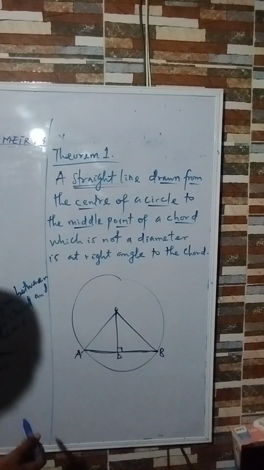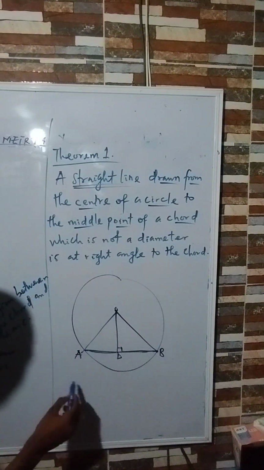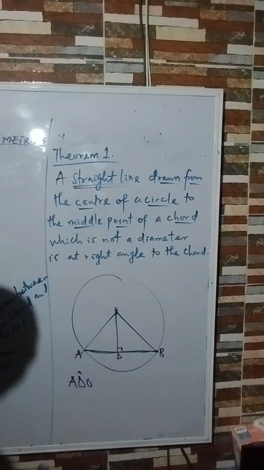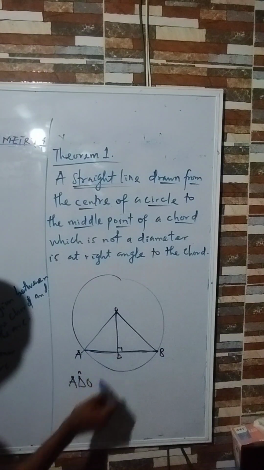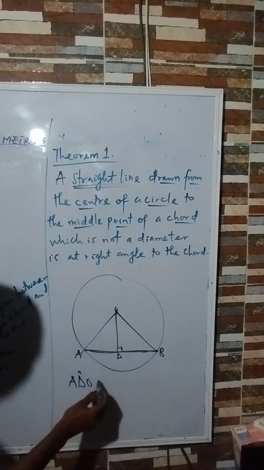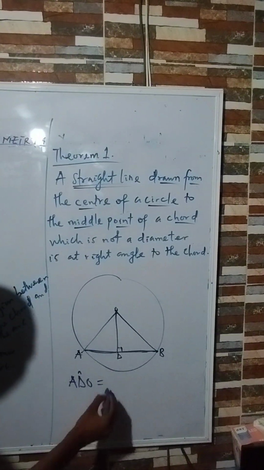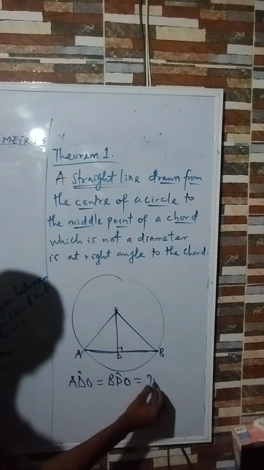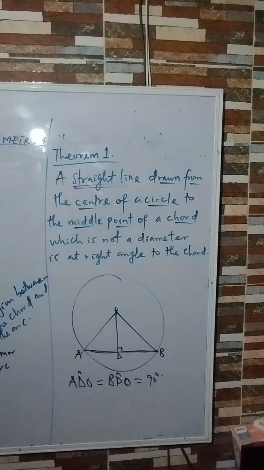That is to say that we can as well show that our ADO, which is the angle here, is equal to BDO, which is equal to what now? 90 degrees, because that is what the theorem is stating.